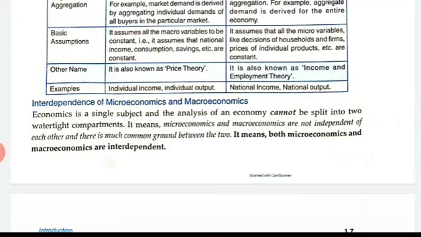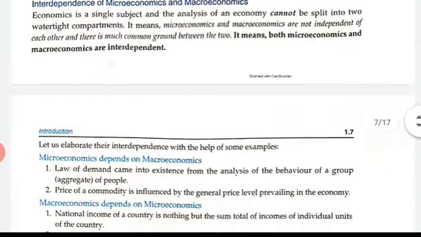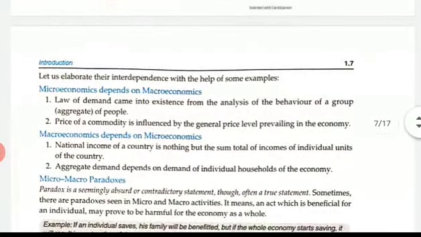They are not independent, rather they are very much dependent on one another. Micro depends on macro, whereas macro also depends on micro. In one place we are dividing the subject into two branches, but again we are saying there is interdependence, so you can call it a paradoxical situation.